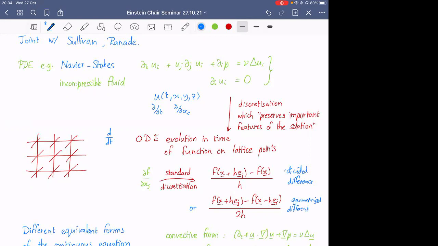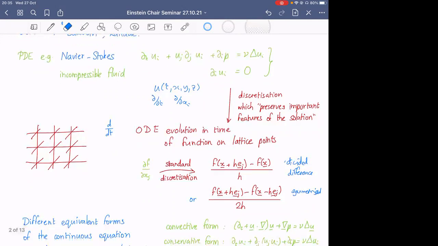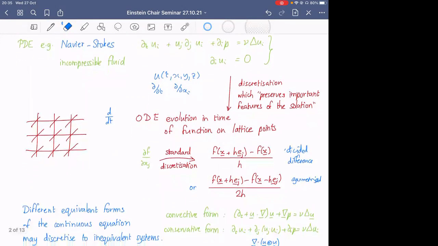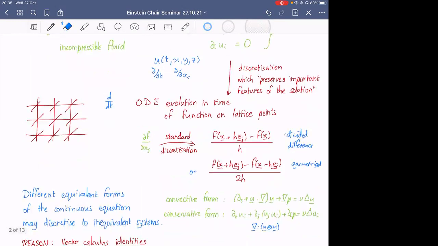One classically ends up with some sort of ordinary differential equation, which you can run and hope that the solutions, when you refine the grid, will get closer and closer to the solution of the original equation. One big problem with this is that there may be different forms of the continuous equation which are equivalent in their continuum form, but which discretize to inequivalent systems.